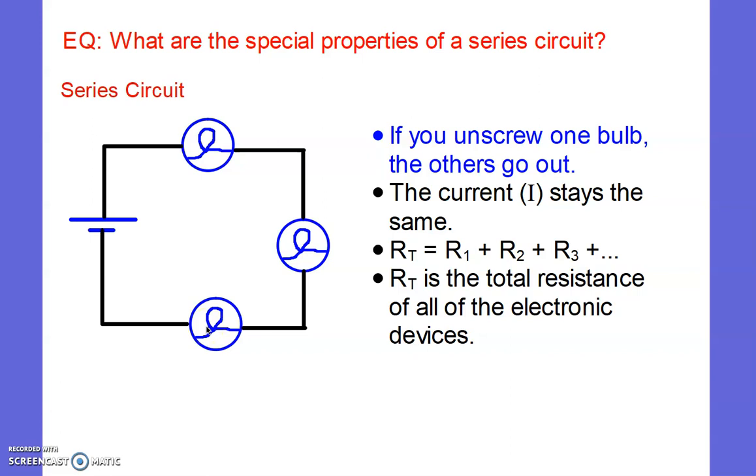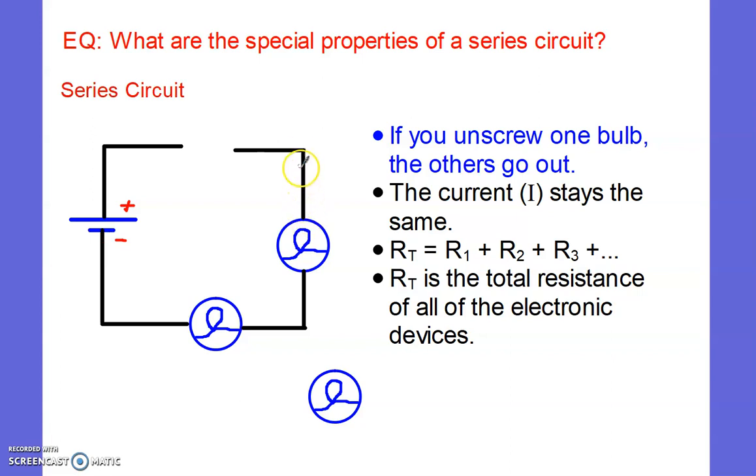What happens in a series circuit is if we remove one of those light bulbs, the other light bulbs go out. We see here that with this light bulb, the top part does not touch the positive terminal, although the left part does touch the negative, because it goes through this light bulb and touches the negative.